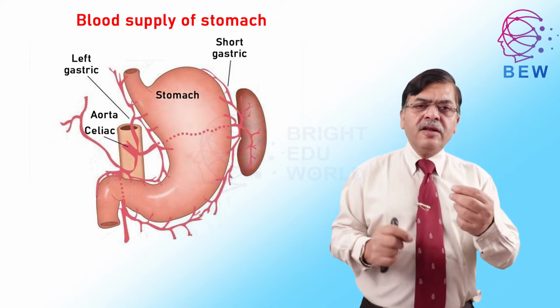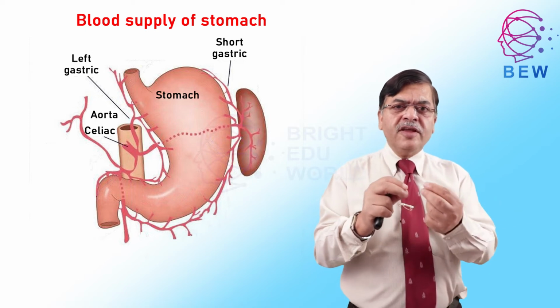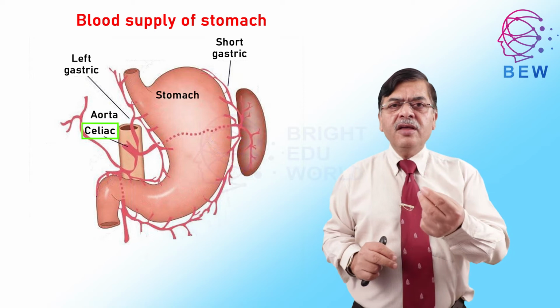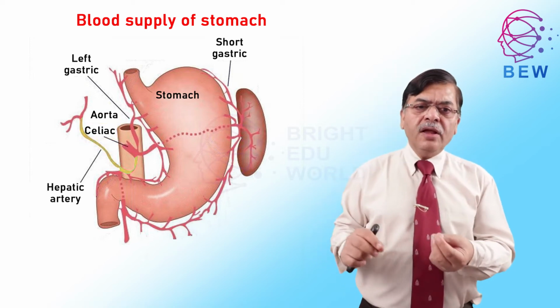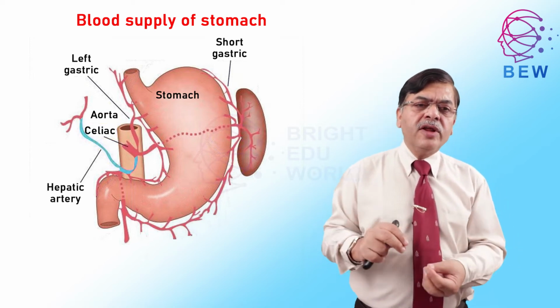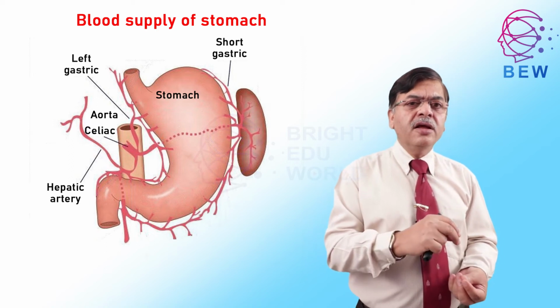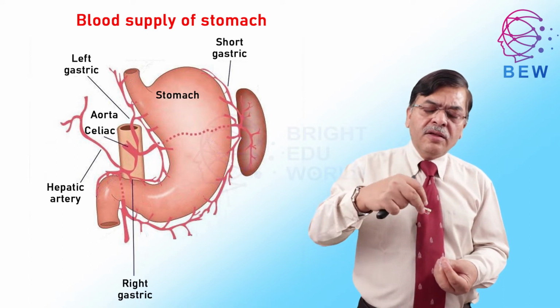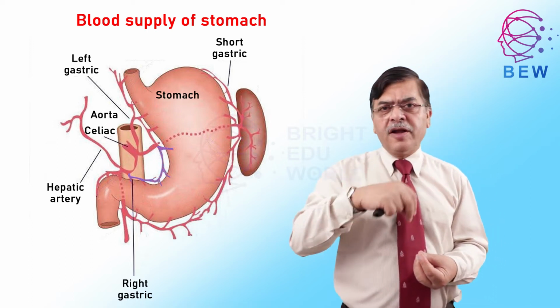The other blood vessel, which takes origin at the celiac axis next to the origin of the left gastric artery, is the hepatic artery. As the hepatic artery takes origin, it goes slightly downwards and to the right, then it gives a branch called the right gastric artery.